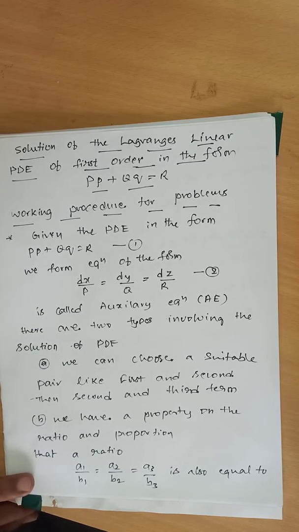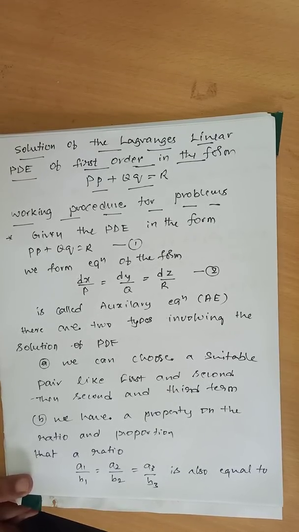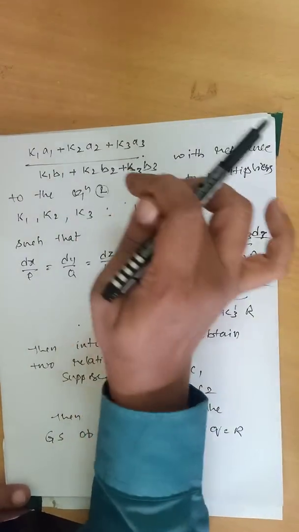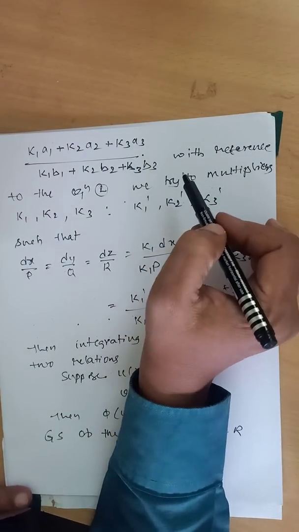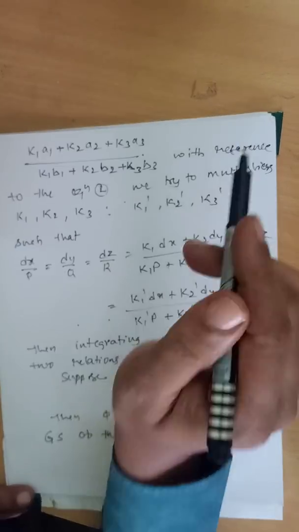Here we adapt the property of ratio and proportion, that is a1 by b1 is equal to a2 by b2 is equal to a3 by b3 is also equal to this. We use the auxiliary equation to write like this.